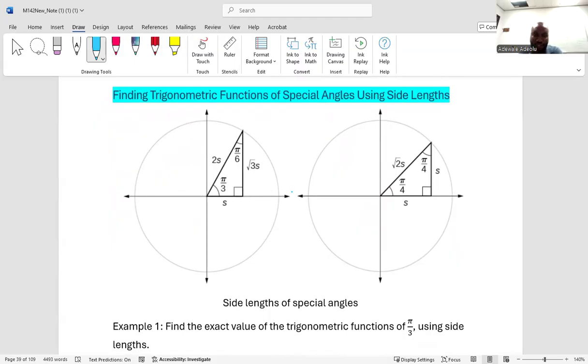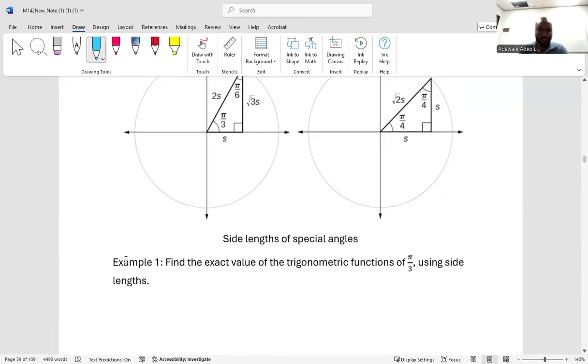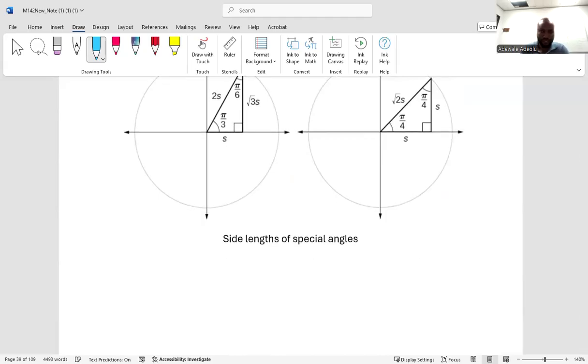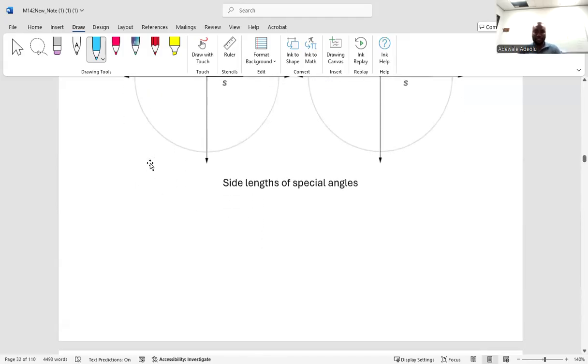Okay. Now, the next thing we want to look at is the concept of side lengths. Let us look at the concept of side lengths. Now, let me show us something beautiful again.